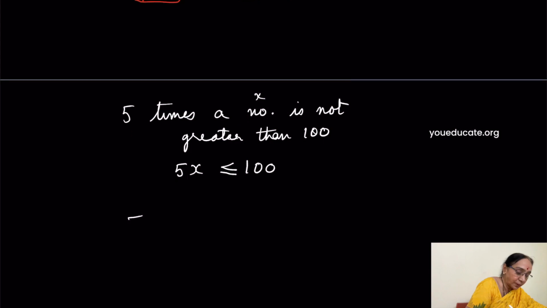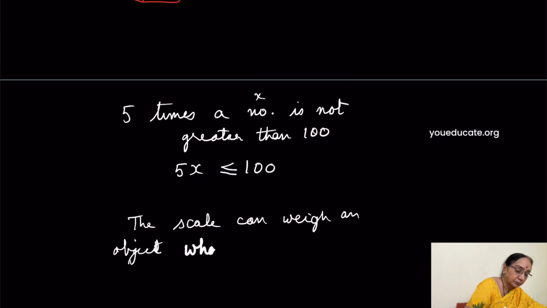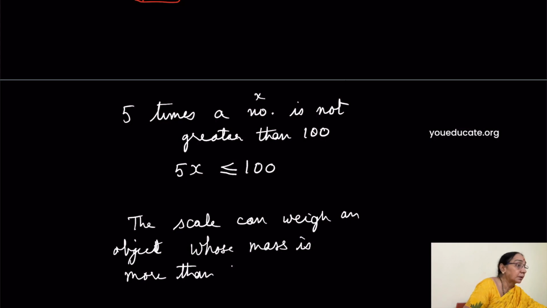So the scale can weigh an object whose mass is more than 10 and less than 90 grams.